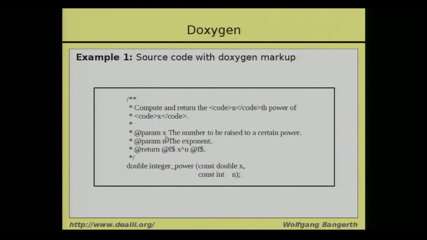Actually, I think the appropriate terminology in C and C++ would be that it's an argument to the function, but anyway. So it documents what this x is, namely the number to be raised to a certain power. Then there's an @param n for the exponent, and then an @return that documents what this function actually returns. And what you see here is that I can embed LaTeX formulas in @f$, and here is the closing tag, x to the n. So that should come out as a LaTeX formula.